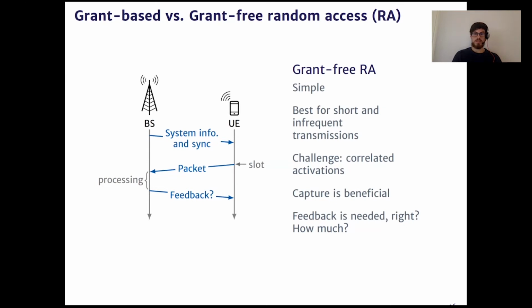As I mentioned, we need feedback. Maybe, yes. How much feedback do we need? We need ternary feedback: received, not received, or empty slot, for example. There are approaches from the 1980s on Bayesian estimation of transmission probabilities that use this ternary feedback quite well.